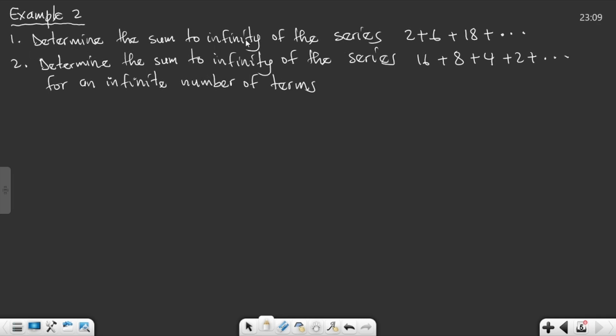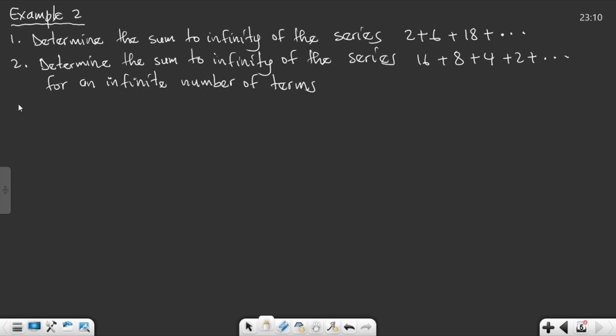Determine the sum to infinity of the series 2 plus 6 plus 18 and so on. Question 2. Determine the sum to infinity of the series 16 plus 8 plus 4 plus 2 plus and so on for an infinite number of terms.